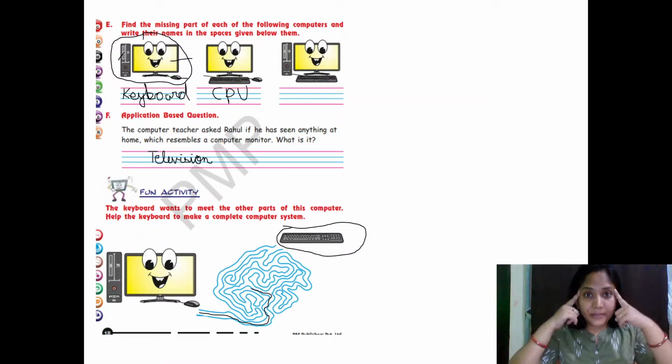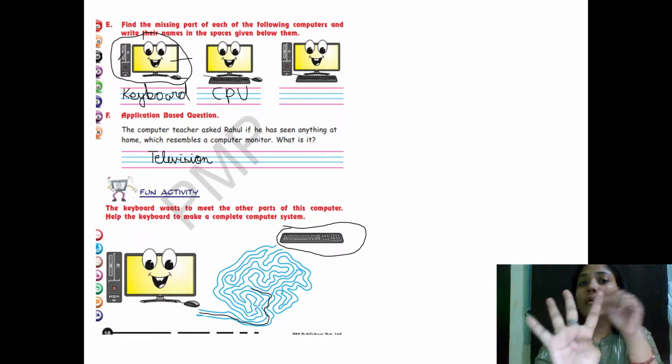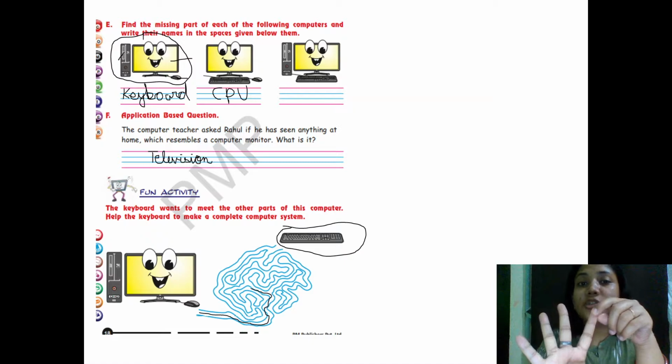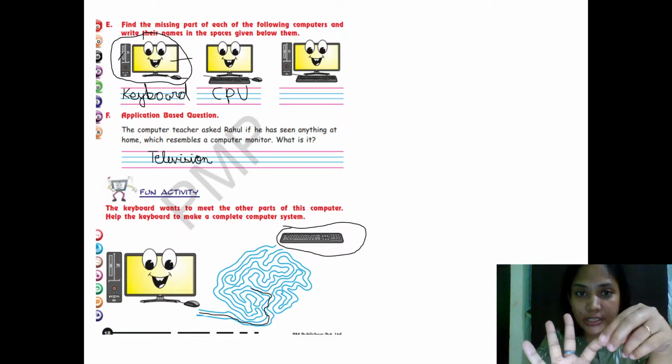So remember, children, 4 parts of a computer. Monitor, it is used to display the work done on computer. It looks like television screen. Listen carefully. Second is the keyboard.